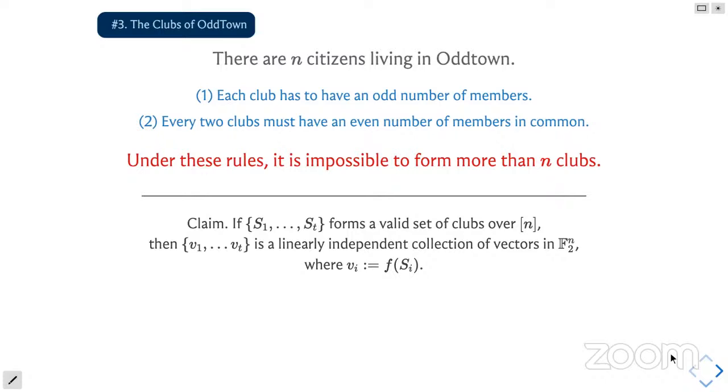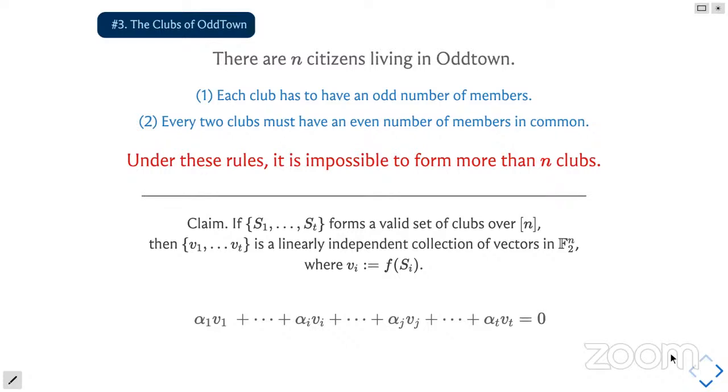So you give me a collection of clubs and you say, okay, look, these all have odd size and these all have pairwise even intersections. And I'm going to say, okay, let me take your clubs and apply the map on each of them. And I will end up with a collection of vectors. So these are those vectors, right? So V1 is the map, let me call it F, applied to S1.